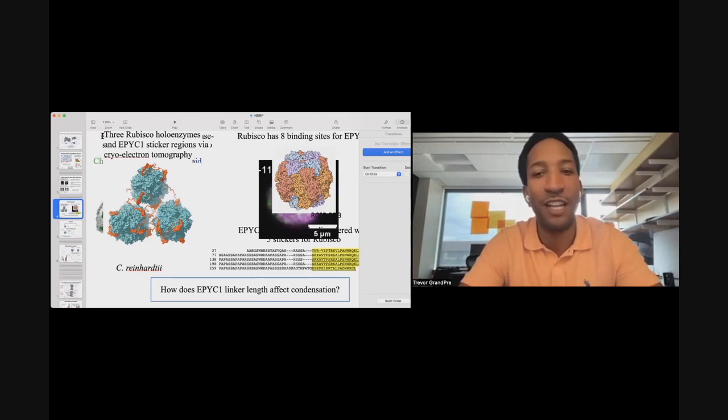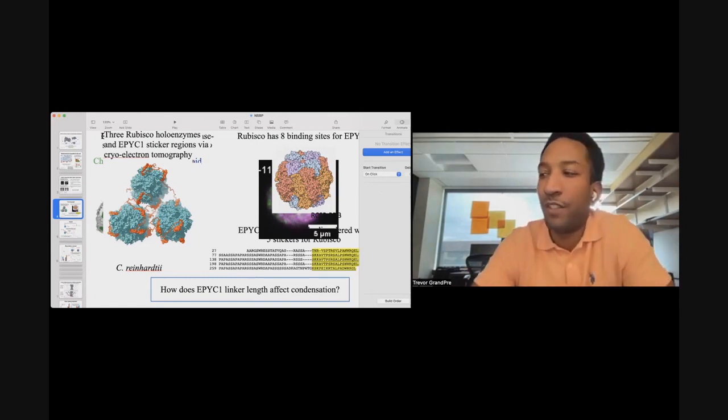I can't remember exactly what the repeats were, but we have some candidates for how to do this without affecting how the protein functions.